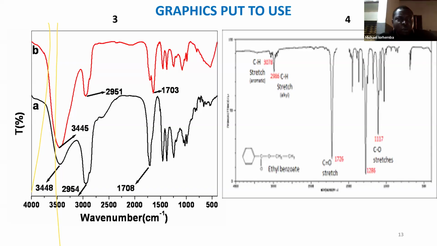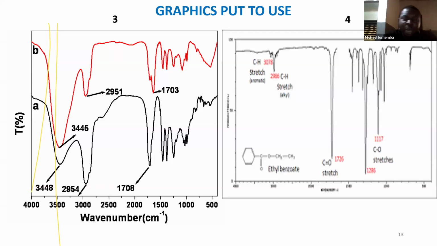Even one of the functional groups here, usually associated with the carbonyl, 1708, has been reduced to 1703. Also, the intensity has changed. The intensity here was low, and then look at B: A intensity low, but B intensity rises. So these all have implications.